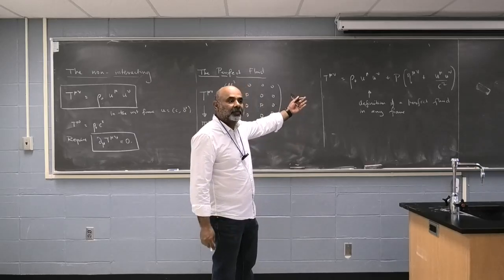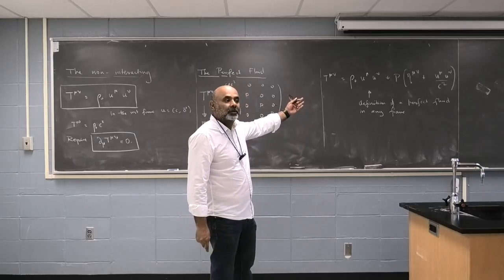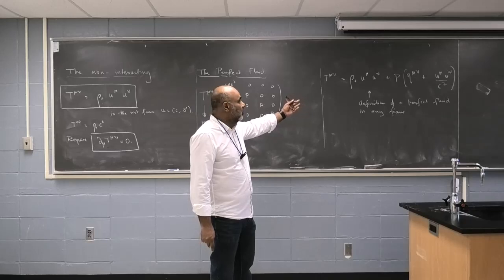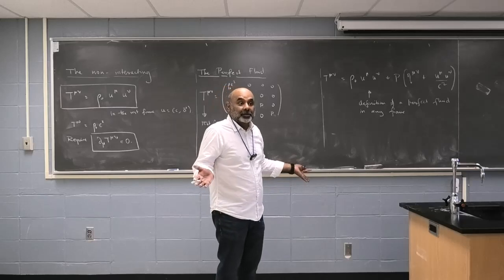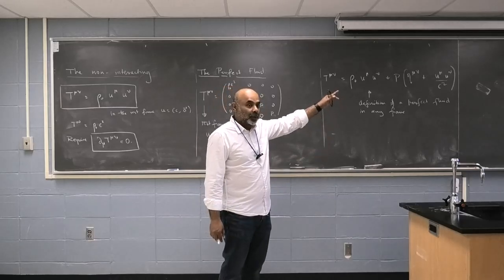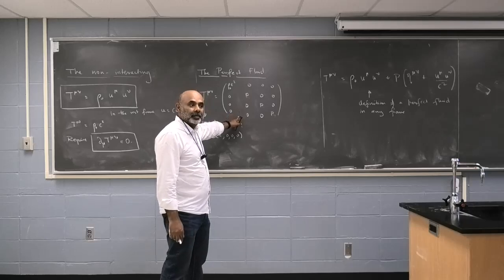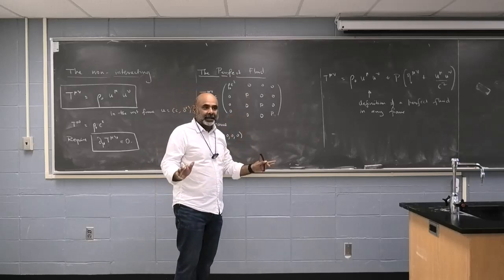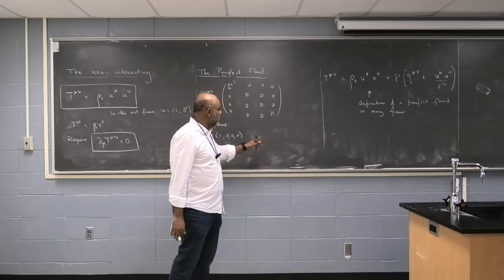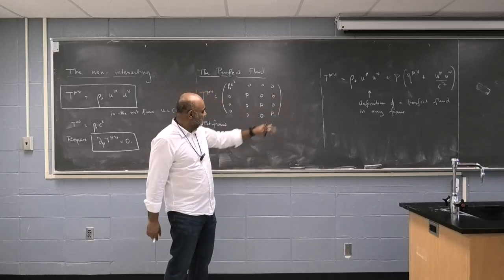Now you will have XYZ components. But it still works. Well, it's a tensor. That is a tensor which agrees with this in the rest frame. That's the whole point. We want a tensor that agrees with this tensor when U is given by that.